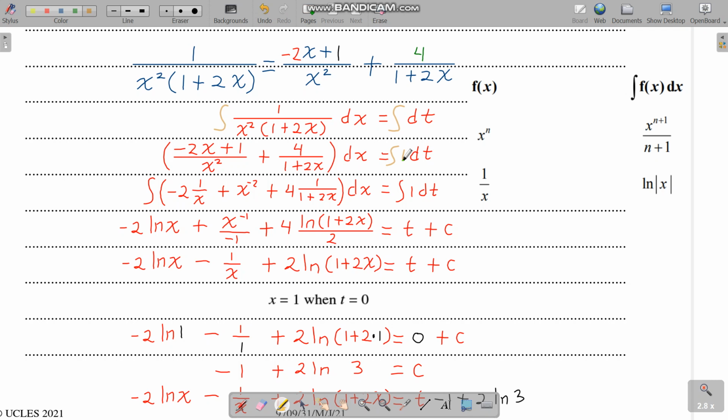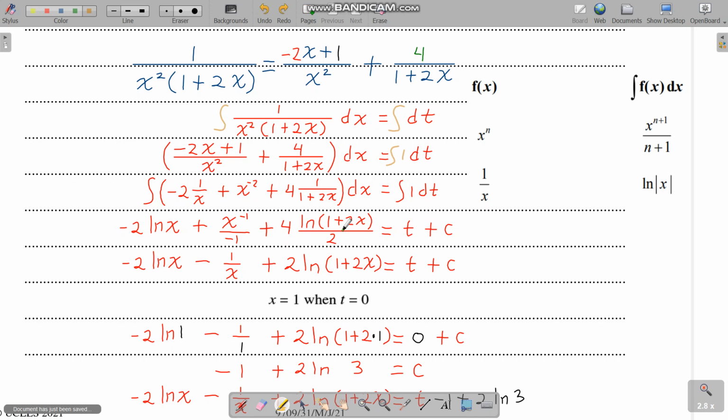So for the integral of 1 over x, that's going to be ln x because of the MF19 formula here. And for the integral of x to the power of minus 2, we use this rule. We have x to the power of minus 1 over minus 1. And for this guy, again, we use ln, but at this time we divide by 2 because of the chain rule, because of the derivative of this 1 plus 2x.